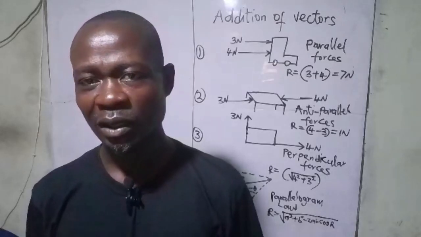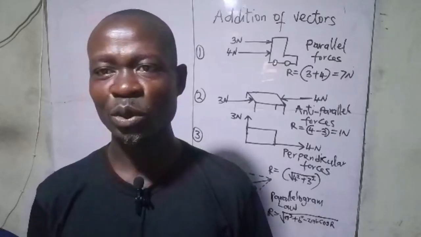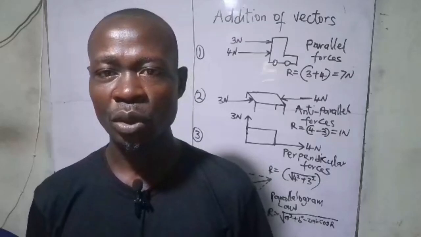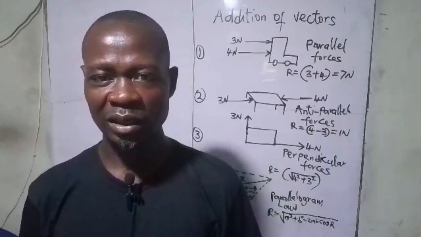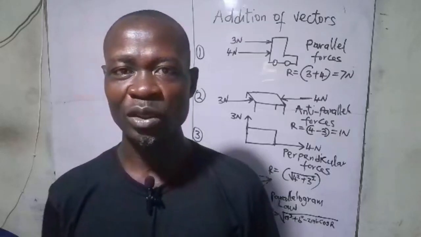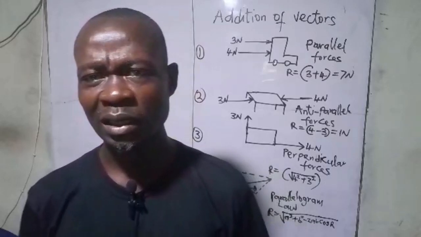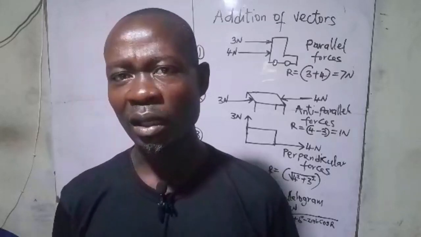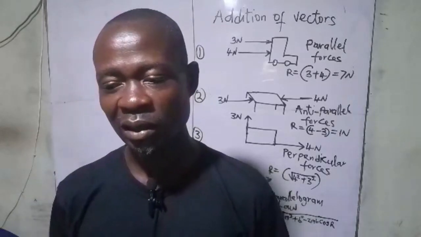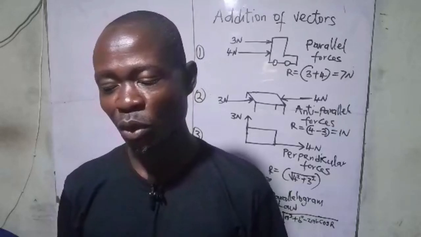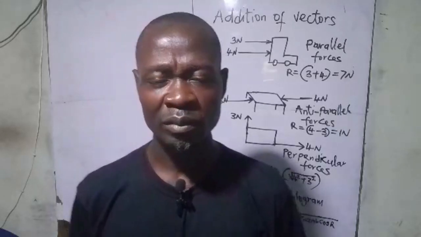Then finally, we look at when two vectors are acting at an angle which is not 90 degrees. So all these are various ways we are going to be looking at how to get their resultants. So we are going to be looking at the resultants of these forces.